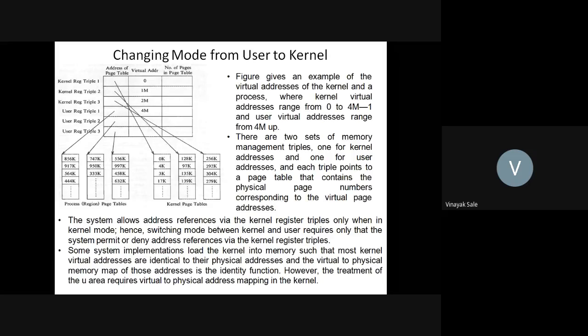There are two sets of memory management register triples, one for kernel addresses and one for user addresses. That is, kernel register triple one, two and three, and similarly user register triple one, two and three.